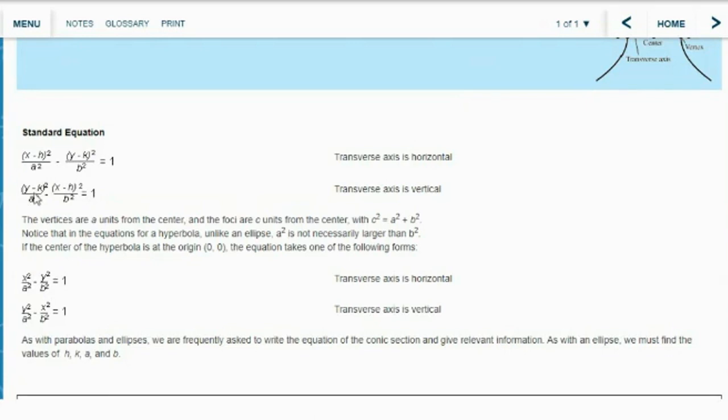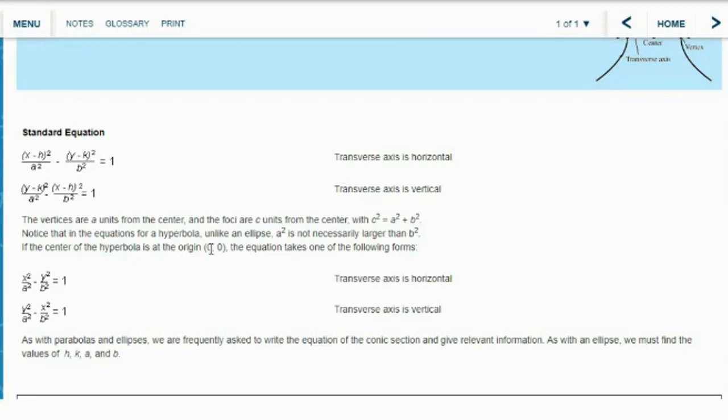Note that for a hyperbola, unlike an ellipse, a is not always necessarily larger than b. So we'll have (x minus h) squared over a squared minus (y minus k) squared over b squared for horizontal. And then they swap the numerators for a vertical one.